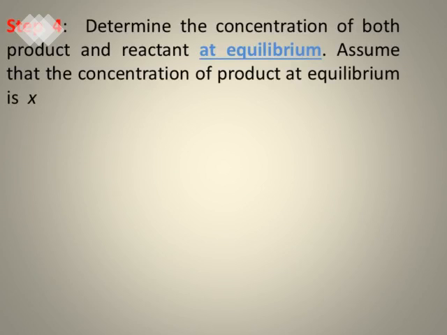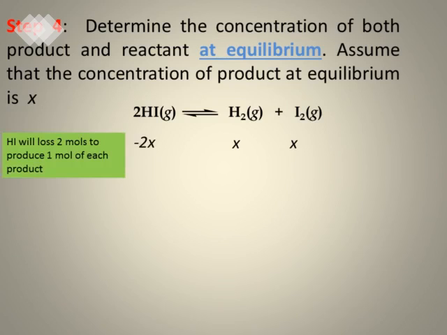Now is when we are interested to know the concentration of each product and reactant at equilibrium. First, we assume that the concentration of the product at equilibrium is x. So, for every x mole of product produced, we will lose 2 moles of HI. And we are given that the concentration of HI at equilibrium is 0.078 molar.